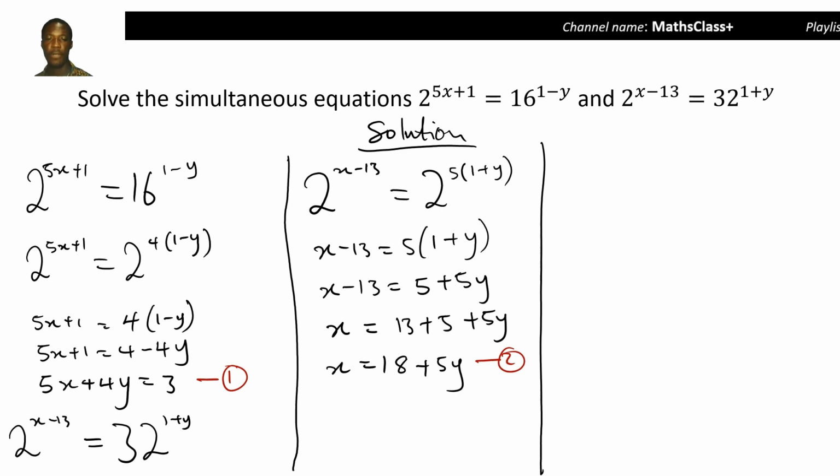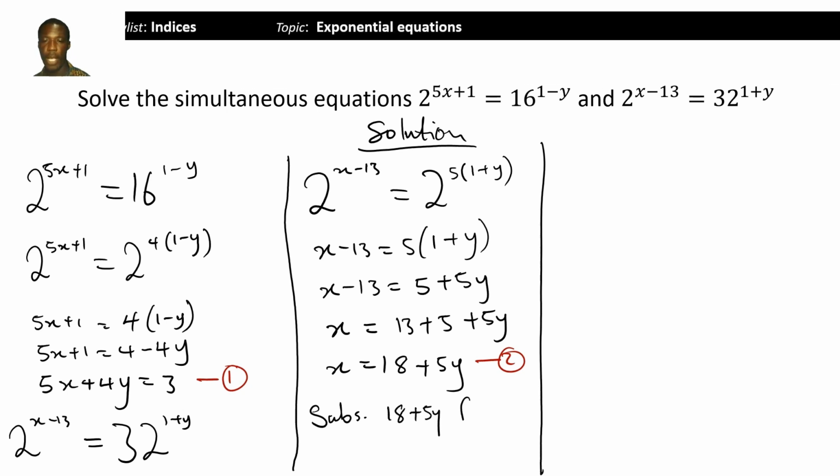Now I'm going to solve the two equations simultaneously. And since I have the value of x, I'm going to substitute into equation 1. So I'm substituting from equation 2, the value of x, which is 18 plus 5y for x in equation 1.